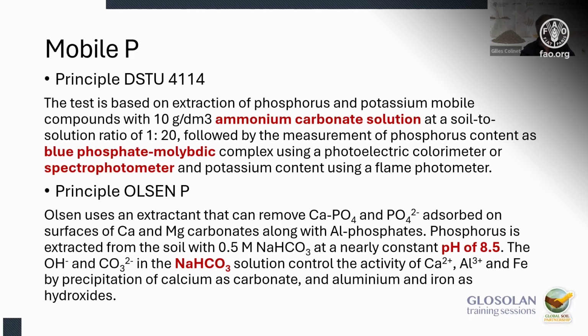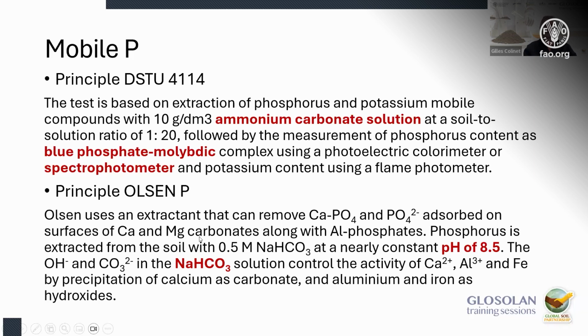There are two big colors for phosphorus, one blue and one yellow. Here it's a blue phosphate molybdic complex. Then you use a spectrophotometer for the phosphorus and a flame photometer for the potassium.